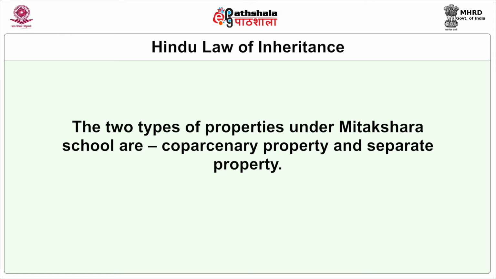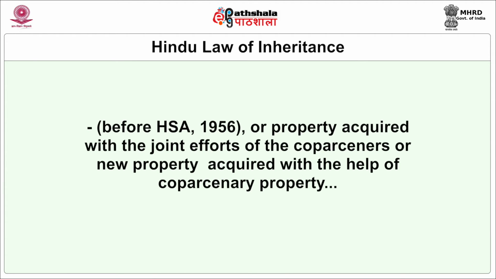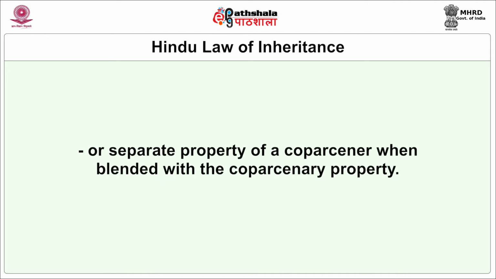The two types of properties under the Mitakshara school are coparcenary property and separate property. Coparcenary property could be the property inherited by a male member from his ancestors, called ancestral property, before HSA 1956, or property acquired with the joint efforts of the coparceners, or new property acquired with the help of coparcenary property, or separate property of a coparcener when blended with the coparcenary property.